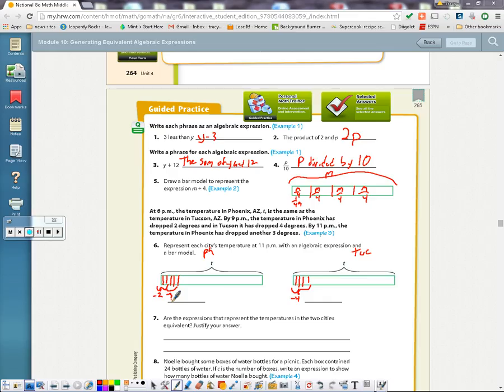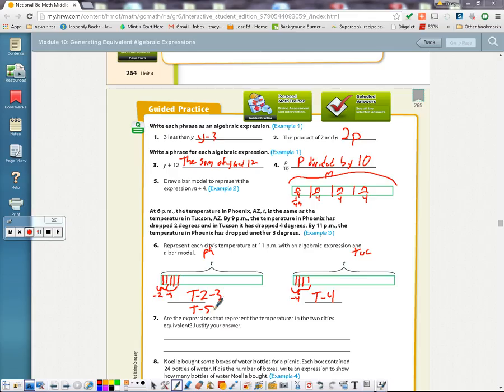So now to represent these, we've got T, which is the whole amount, minus 2, and then minus 3. And over here we have T, which is the whole amount, minus 4. We can combine these two to T minus 5.